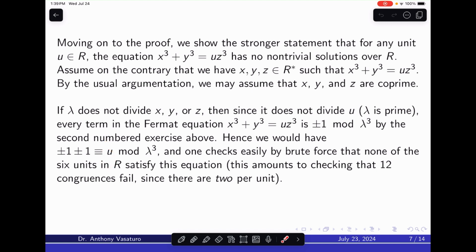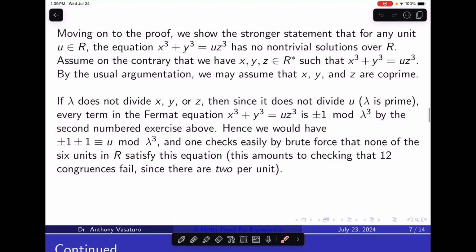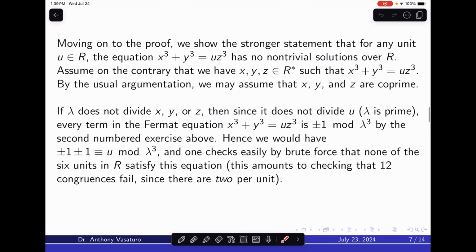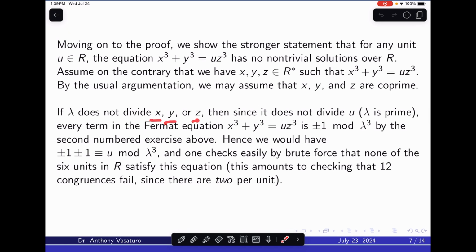One easily checks by brute force that none of the 6 units in R satisfy this equation. This amounts to checking 12 congruences because there are 2 per unit because of the 2 different signs that are possible. Okay, there are 6 units, 2 equations each. All of them are easy to check. Okay, so that's a contradiction. So lambda must divide one of x, y, or z.